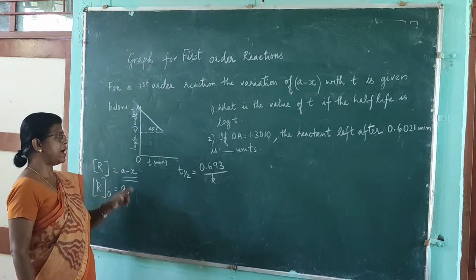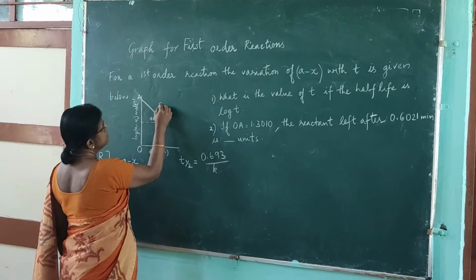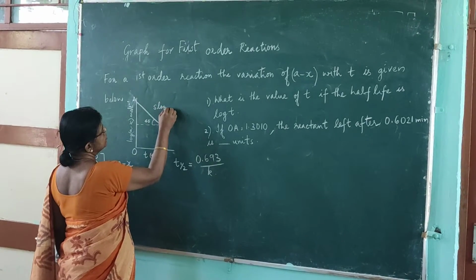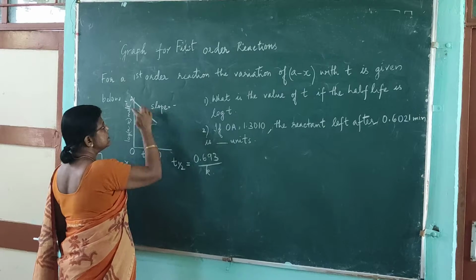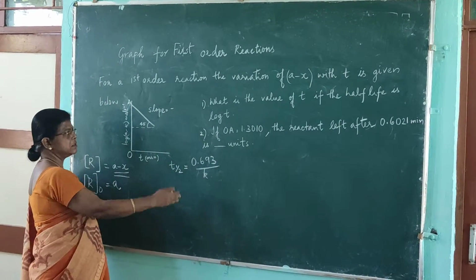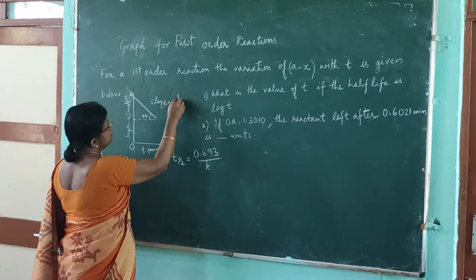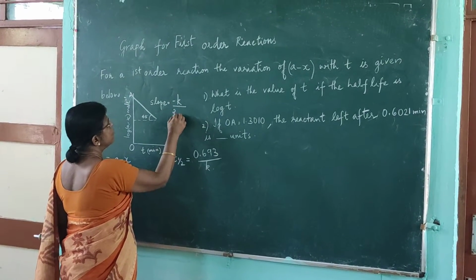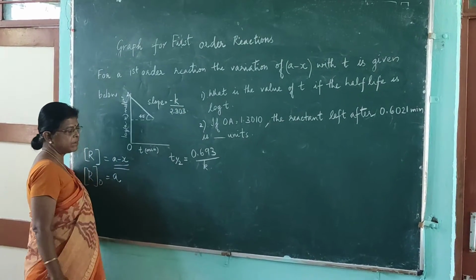Now what is the slope? Since the line is slanting like this, the slope is negative: minus K upon 2.303. We have already seen this.